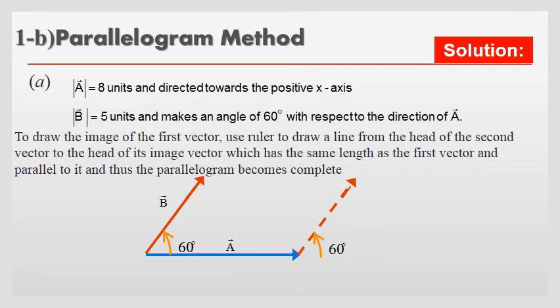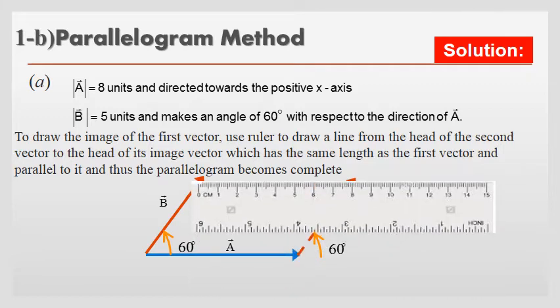Then next, we'll draw the vector parallel to that of A by drawing a line like this.